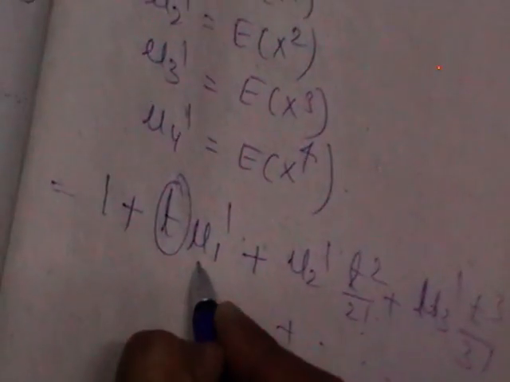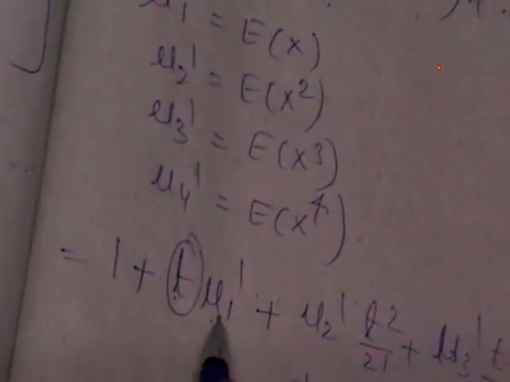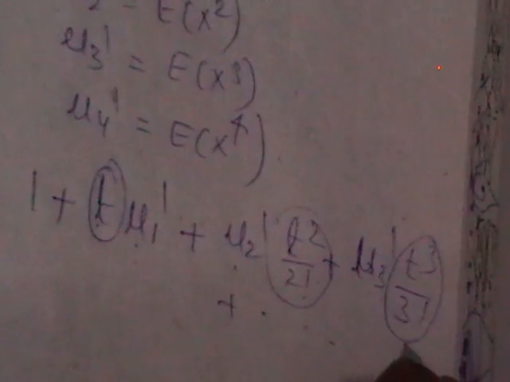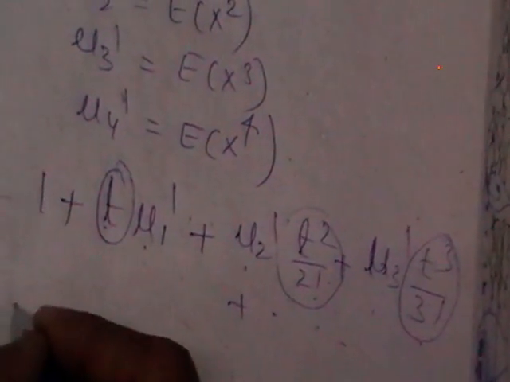Now, how can you calculate the moments? Here, the coefficient of t is mu1 dash, the coefficient of t square by 2 factorial is mu2 dash, and the coefficient of t cube by 3 factorial is mu3 dash. So the coefficient of t gives you the first moment.